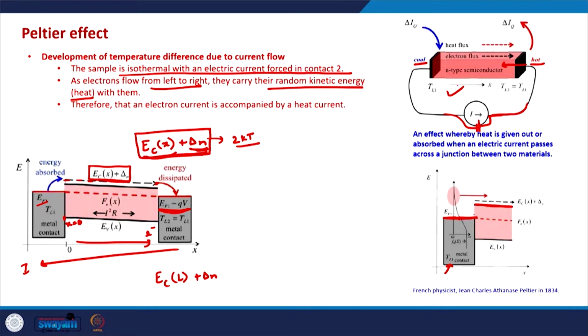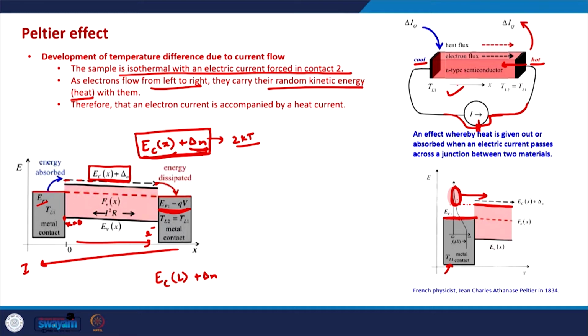So the electrons that will go from the left contact to the semiconductor will be the electrons that are above this energy level. From the Fermi distribution function, the electrons in the tail of the Fermi function will jump to the semiconductor, because these electrons will see empty states right in front of them.